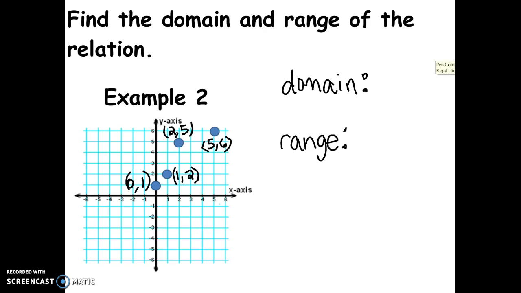Okay, now that we've done that, it's very easy for us to find our domain. The domain is simply the list of all x values. So our x values are 0, 1, 2, and 5. And our y values are 1, 2, 5, and 6.